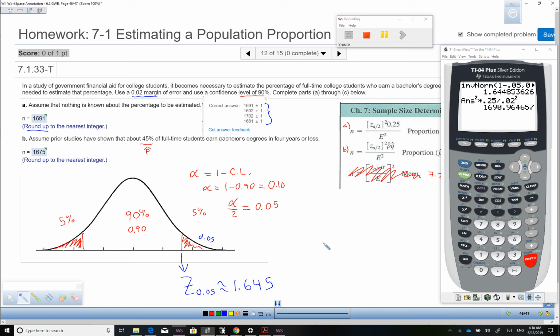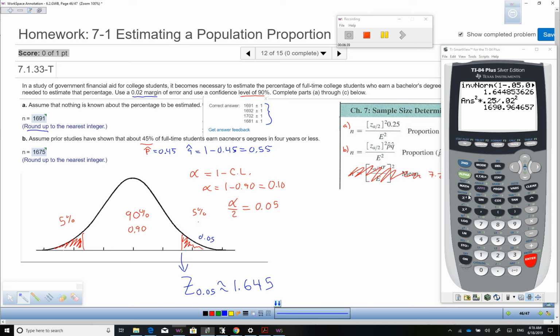Okay, we have the p hat, which is 0.45, and q hat, which is the complement of p hat, is 1 minus 0.45, which is 0.55. Okay, so that's my p hat, q hat, critical value, and I have the margin of error.